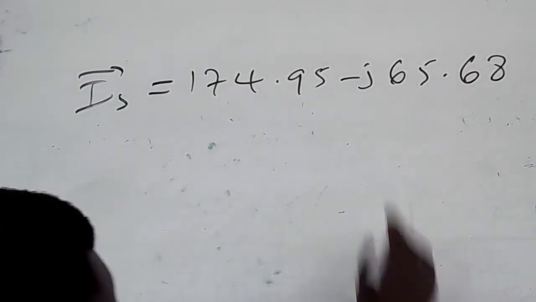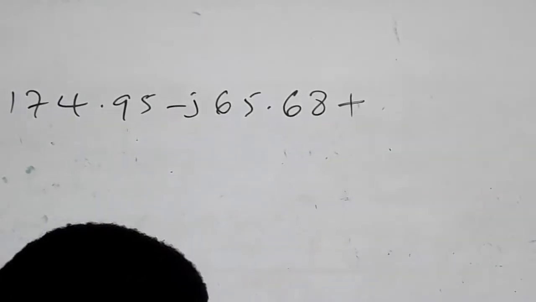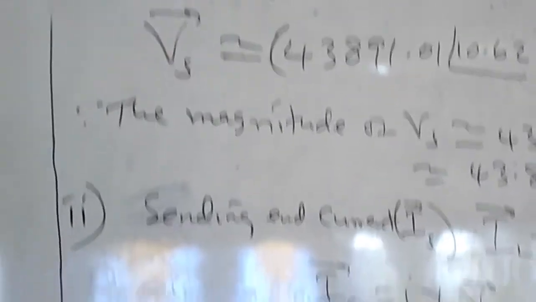So this one was the line current, now plus the current across the capacitor on the sending end.